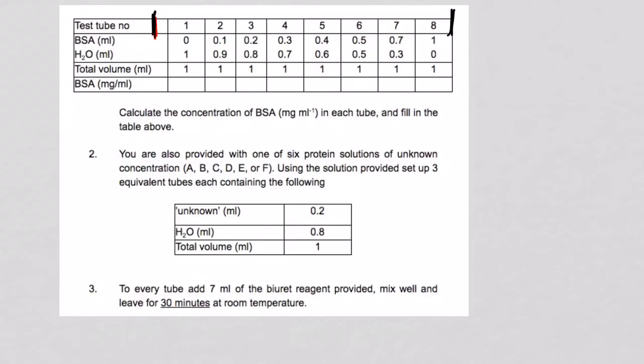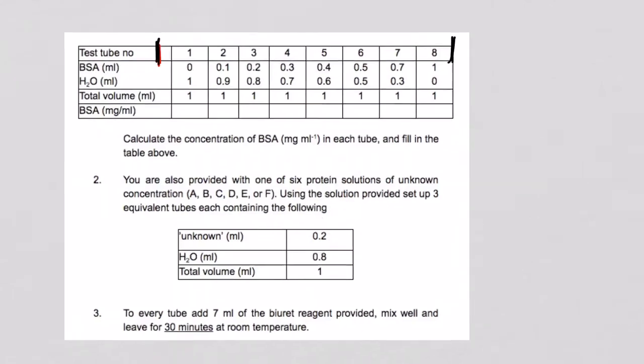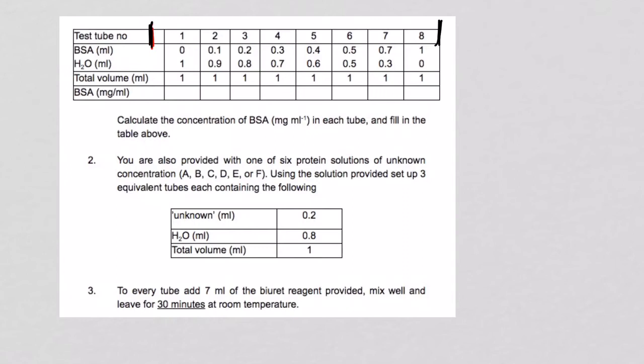You have a given concentration of BSA, bovine serum albumin, and this concentration is 10 milligram per milliliter.